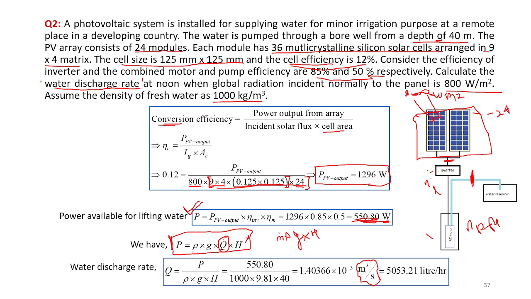So you can report the value in meter cube per second also. If it's specifically asked for liter per hour or liter per second, then you have to convert it. You know that 1 liter is 10 to the power minus 3 meter cubes, and 1 hour is equal to 3600 seconds. So you can use these conversion parameters to get the value in liter per hour. This is your discharge rate. I hope this question is clear. Any doubt in this question?